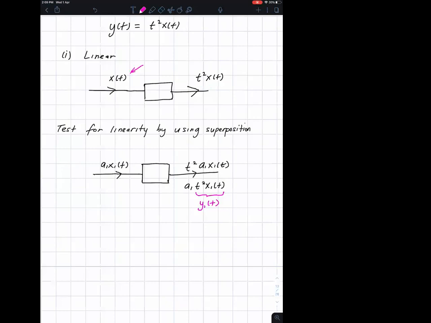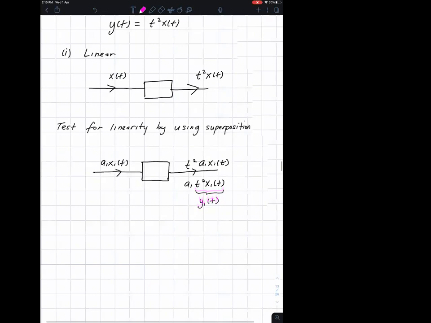Input x(t) will produce an output of t squared x(t). So we're going to test for linearity by using superposition. Input A1 x1(t) will produce an output of t squared A1 x1(t). If you note very carefully, I can call this part t squared x1(t) as y1(t).